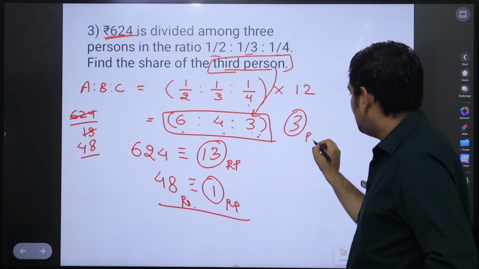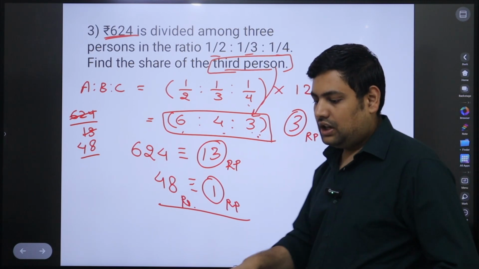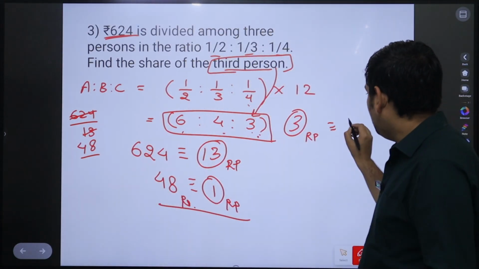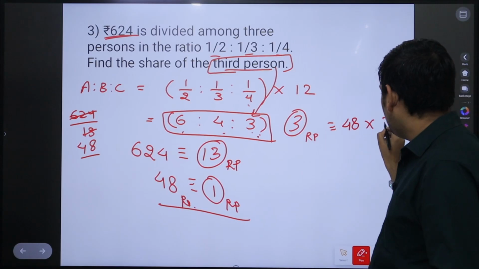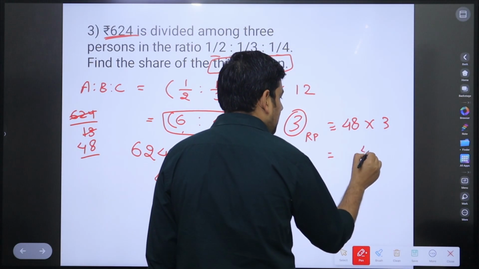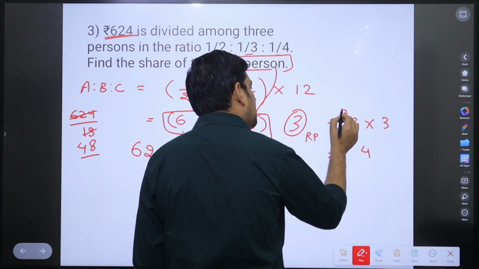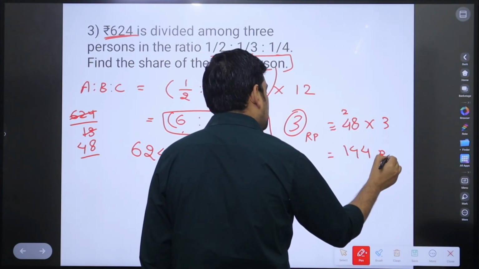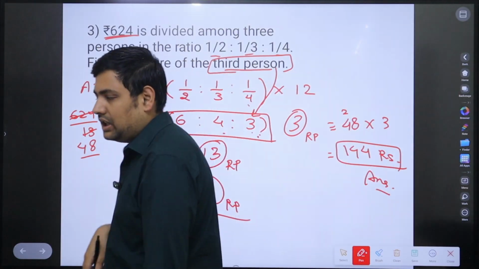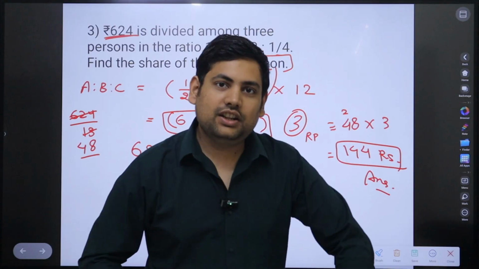So 3 ratio points will be equivalent to 48 into 3. 8 3s are 24, 2 carry, 4 3s are 12 plus 2, 144 rupees. This becomes your final answer. This is the amount of money that the third person will get.